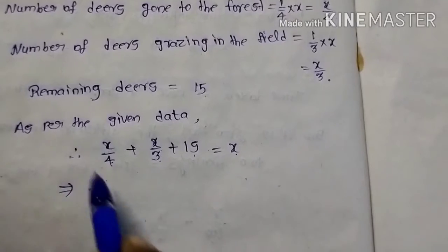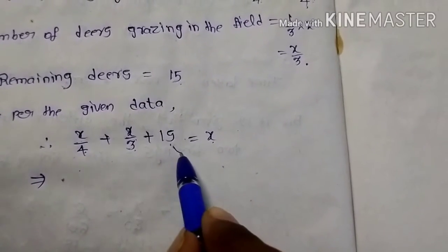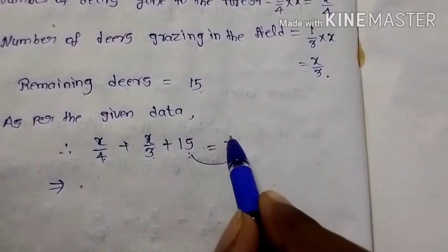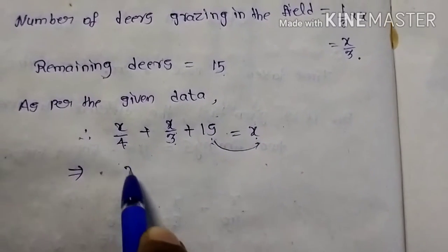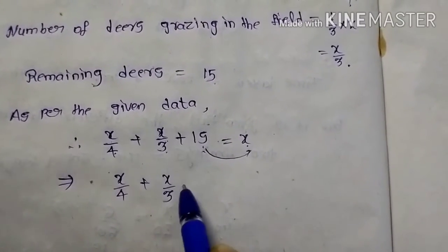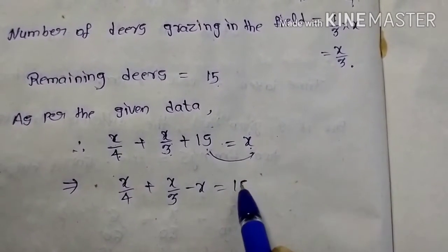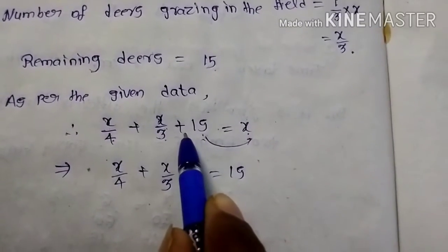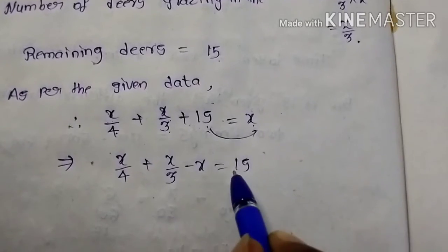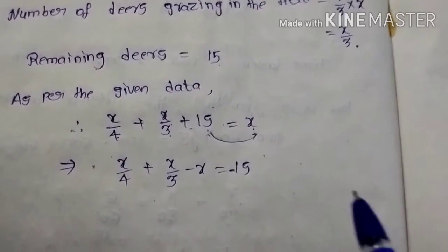You can transpose 15 to RHS. That means here 15 is a constant term. You can transpose x to LHS. That means I am writing here x by 4 plus x by 3 minus x is equal to 15. See, if it is plus 15, if I am transposing 15 to RHS, it will become minus or not? Yes, so that you can write here minus 15.